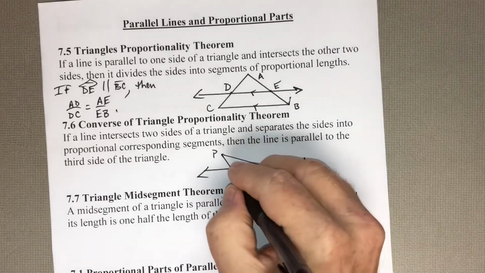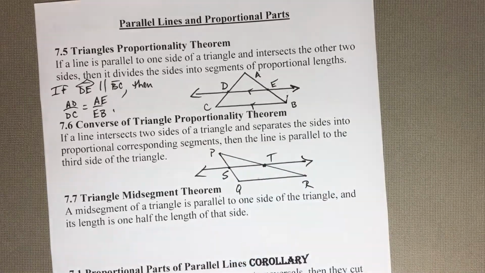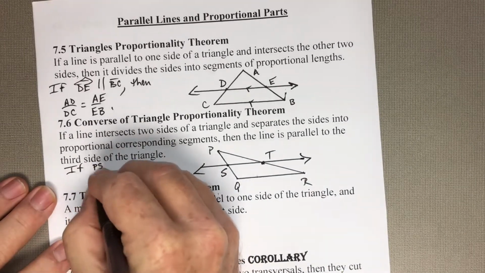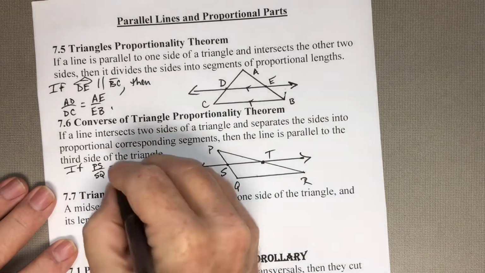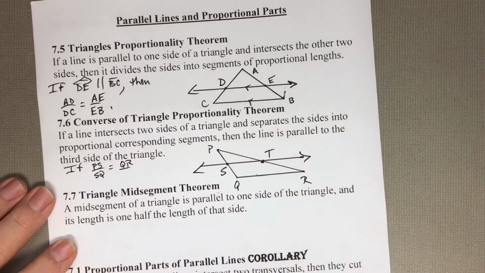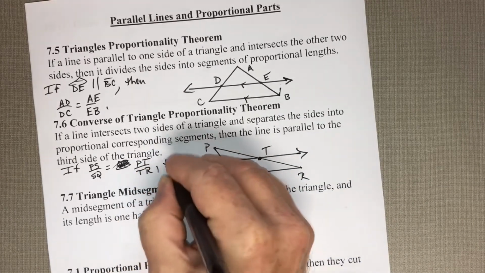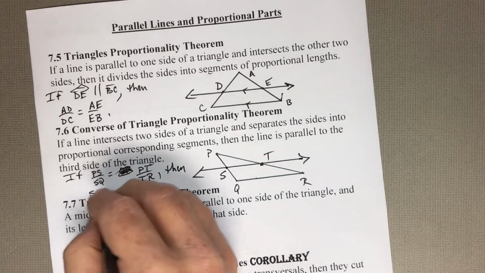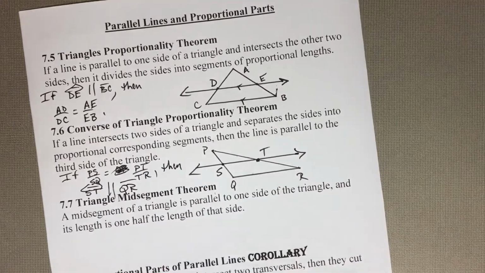Let's call that line ST. And this theorem says if PS divided by SQ is equal to PT divided by TR, if that's true, then we know that line ST is parallel to segment QR. That's what that theorem says.